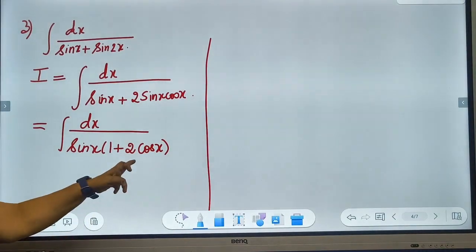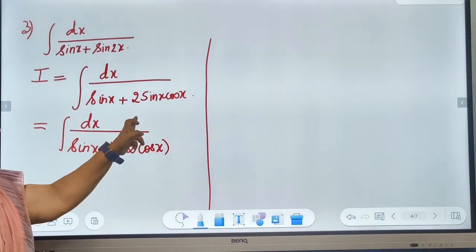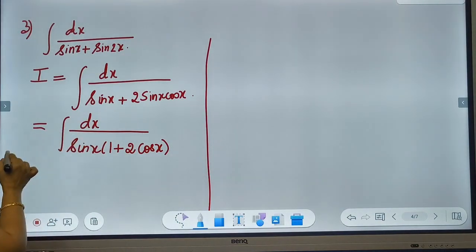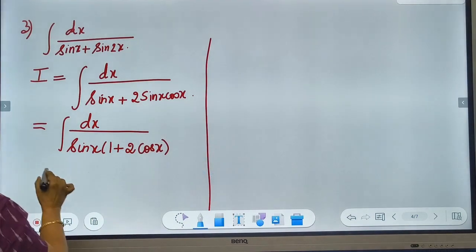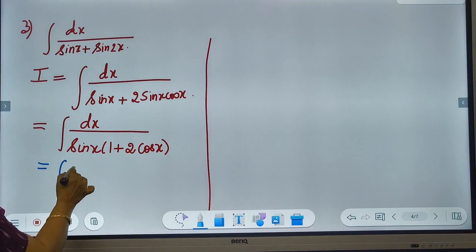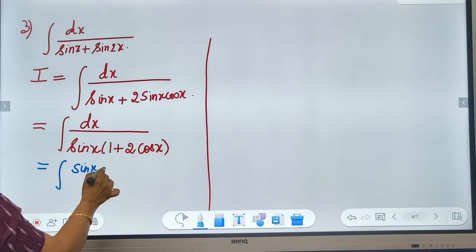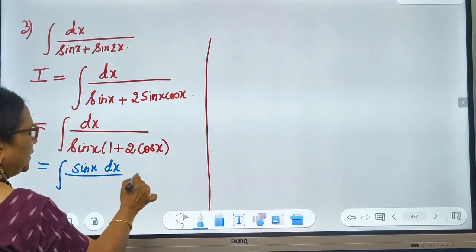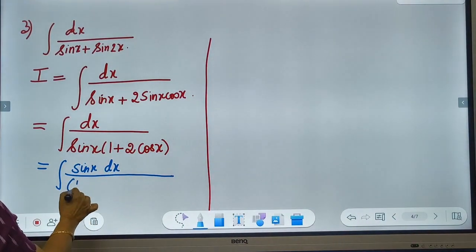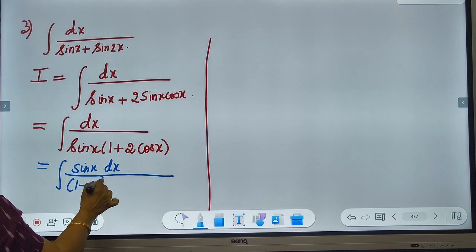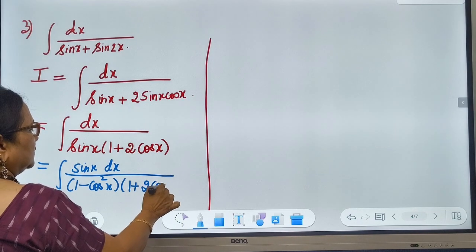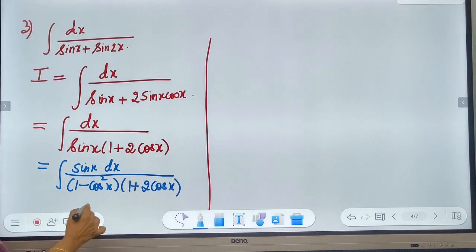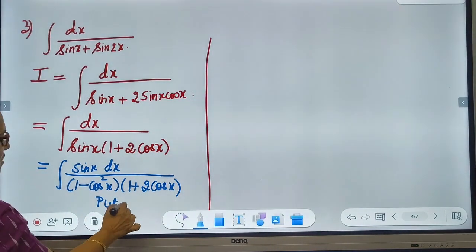Now, if I put cos x as t, then I need sin x in the numerator. So, I am going to multiply and divide by sin x. Then what will I get? Sin x dx by, here I will get sin square x, which I will write as (1 minus cos square x) into (1 plus 2 cos x). So, now put cos x as t.